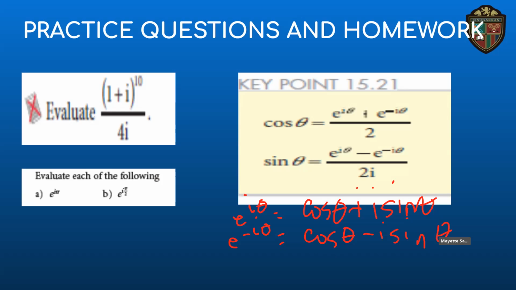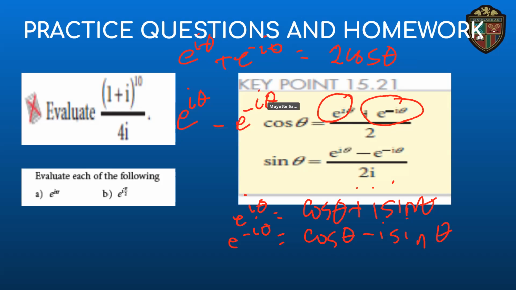Now, when you add e^(i theta) plus e^(-i theta), you can try it later, it's just equal to 2 cosine theta, meaning twice the real part. And if we have e^(i theta) minus e^(-i theta), it's just equal to 2i sine theta. These two properties for cosine theta and sine theta are also the same as twice the real part.